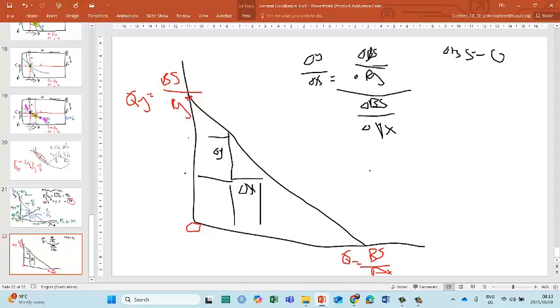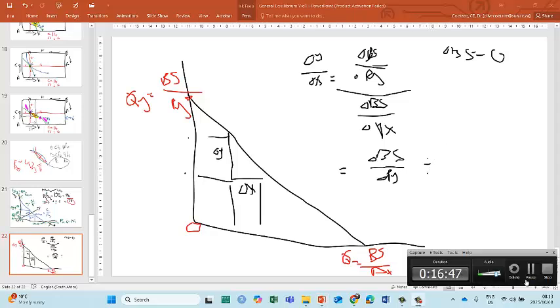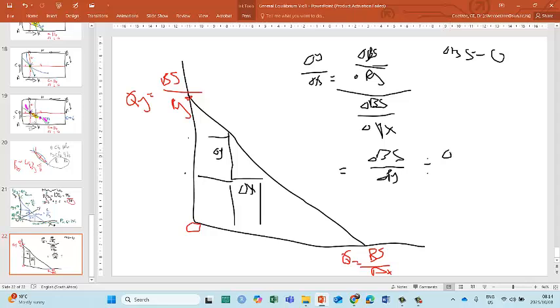So what we can say, therefore, is change in budget surplus over a change in the price of y, divided by a change in budget surplus over a change in the price of x, or equals change in the budget surplus over a change in the price of y, multiplied by change in the price of x over a change in the budget surplus.